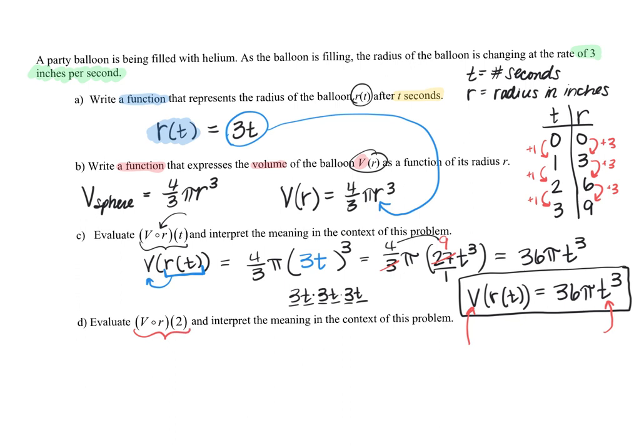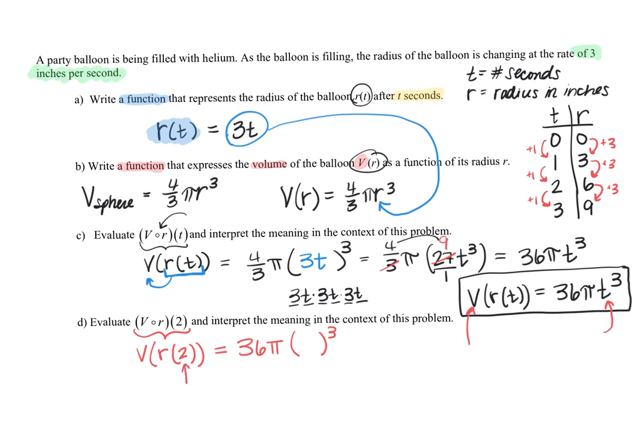which is what you're going to see in part D when it asks us to evaluate V of R of 2. Again, rewrite that, V of R of 2. So since we've already created our volume function, volume as a function of time, we can use that. 36 pi t cubed.